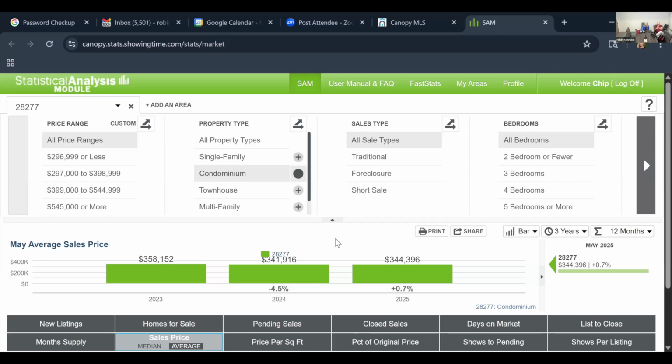But look at the condos last year: in our zip code they were down 4%, where in the county it was up. So see, this is why we talk about national macro stuff. We can look at Mecklenburg County, Charlotte, zip codes, neighborhoods. We can drill this down into any conversation we need to have.